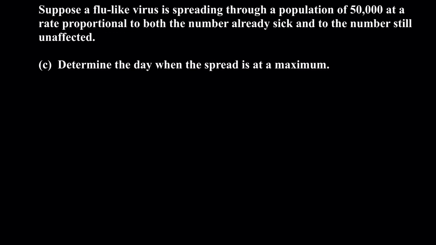And then part C says, suppose a flu-like virus is spreading through this population of 50,000. Determine the day when the spread is at a maximum. The spread is going to be at a maximum when the population is at half of the carrying capacity. Half of the carrying capacity is going to be 25,000 people.